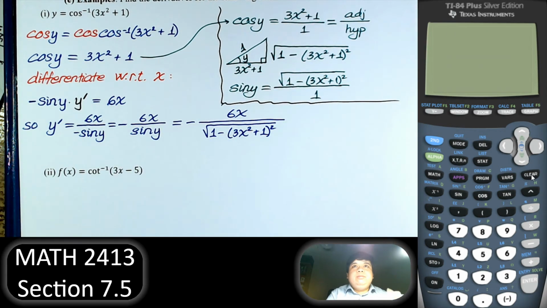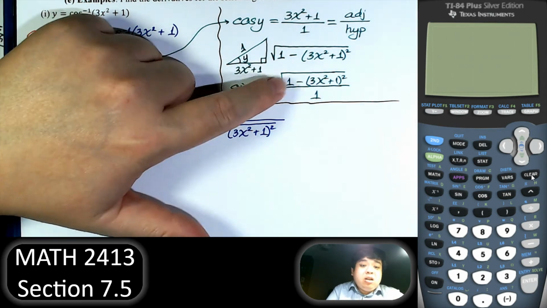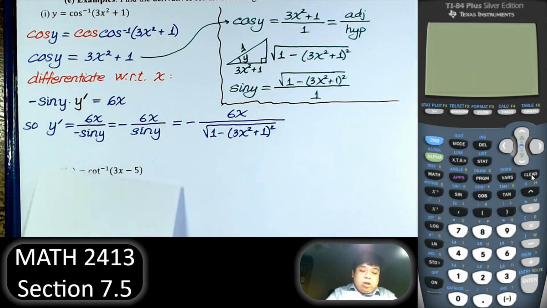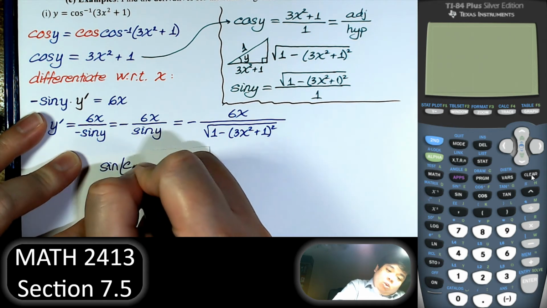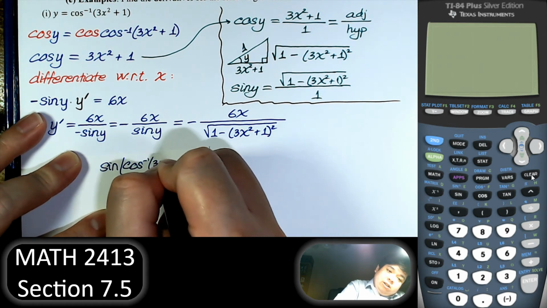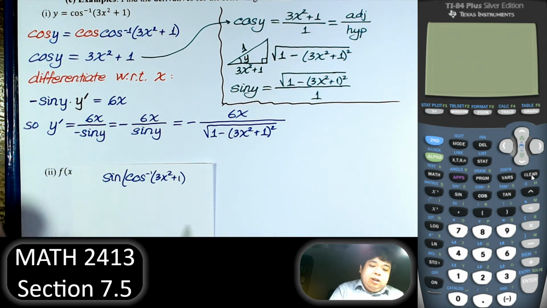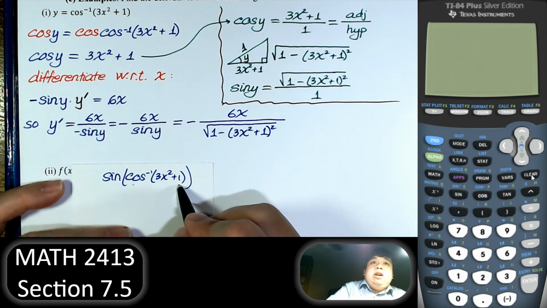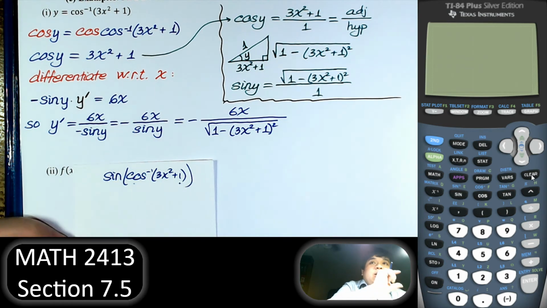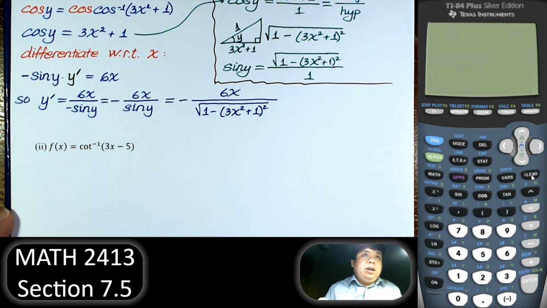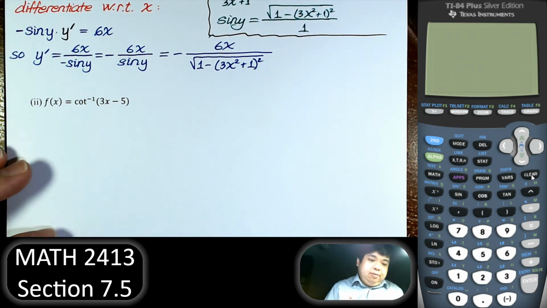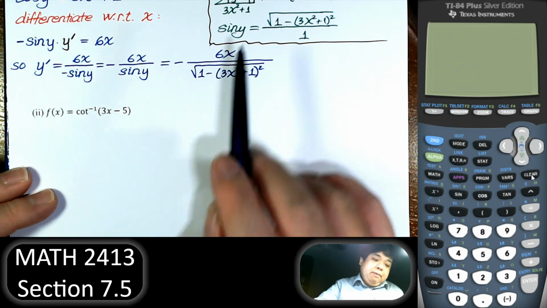The reason we don't have the plus or minus in the square root is because essentially here we have sine of y, where y is cosine inverse. Cosine inverse gives us quadrant 1 and quadrant 2, and sine in quadrants 1 and 2 is going to be positive. So that's why it's going to be the positive square root.